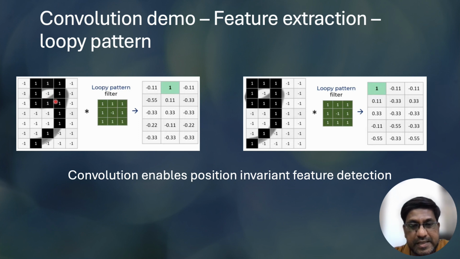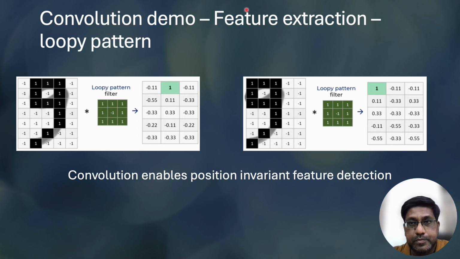And we want to identify where this loopy pattern occurs within the input image, and we can locate that by performing convolution operation using an appropriate filter. And this filter again here is designed to extract that loop shape. So the loop shape here is a circular shape which is having ones all around with a -1 in the middle.